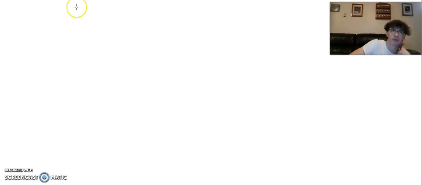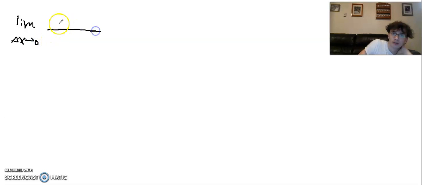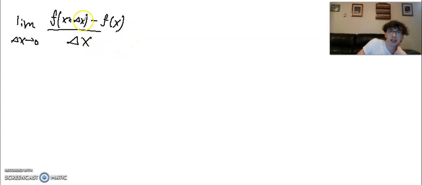With that, let me switch to pencil: the limit as delta x approaches 0 of f of x plus delta x minus f of x, all over delta x. This is just like the change in y over the change in x, like the slope, the limit of the slope as the change in x approaches 0.